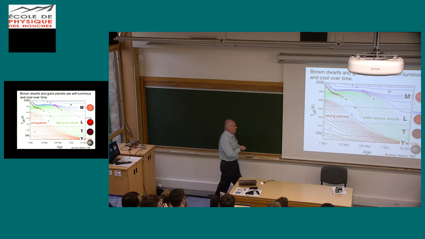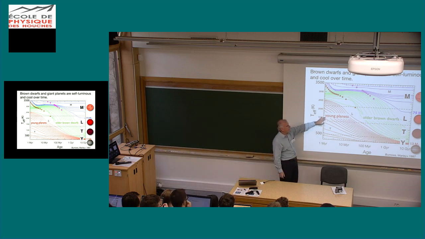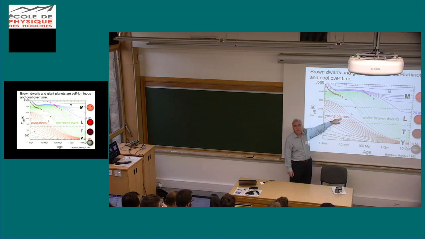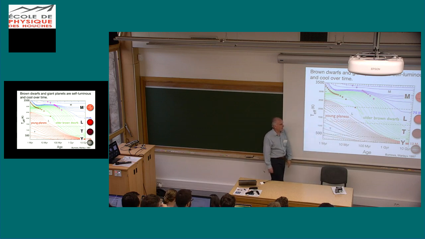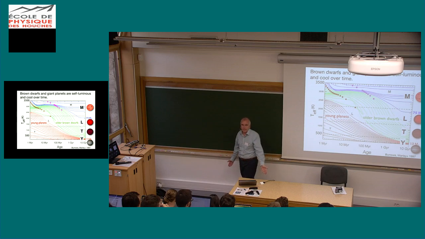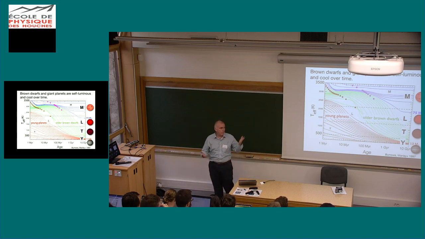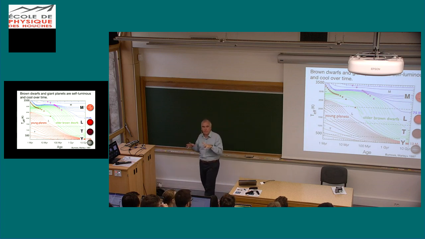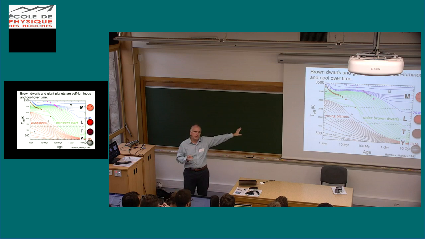At any given effective temperature, say 1500 degrees, a 5 Jupiter mass object might reach that temperature after 10 million years, and a 50 Jupiter mass object in the green would reach that temperature after 5 billion years, or 4 billion years, as they cool off over time. So by studying what's going on with the massive brown dwarfs, it gives us a window into lower mass objects like young Jupiters.